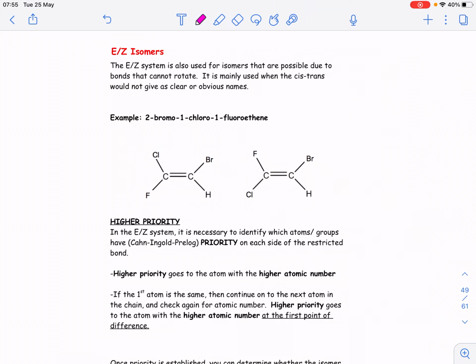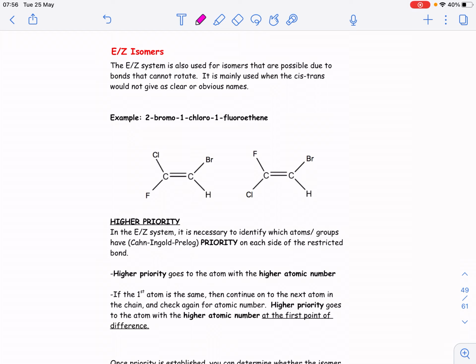Now, just like not every molecule has cis-trans isomerism, not all isomers that exist in this way can be described very well by the terms cis and trans. It's kind of a limited system, because really, as you saw in the previous examples, it really has to be two of the same thing across the double bond or across two atoms in a ring, like two methyl groups or two chloros.